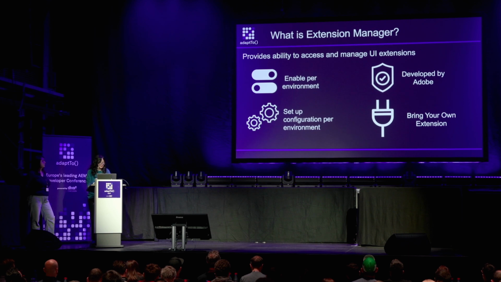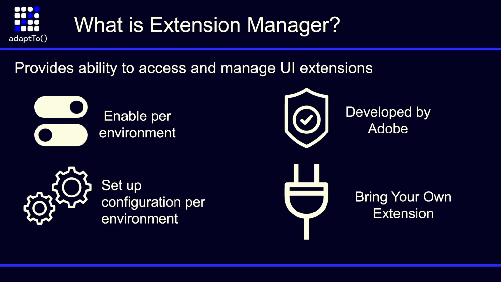Extension Manager is a new management console for UI extensions. All of our extensible services have been updated to call the Extension Manager API to get the program and environment level scopes that App Registry is unable to store. With Extension Manager, you can enable and disable extensions per environment, and you can set configurations per environment as well.